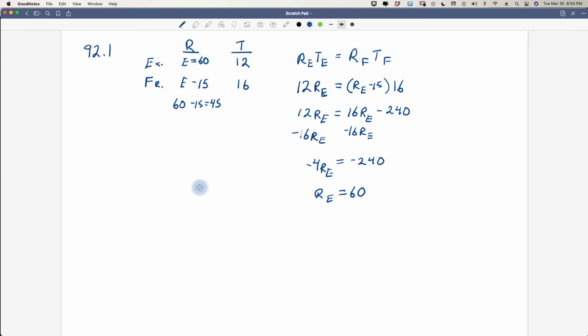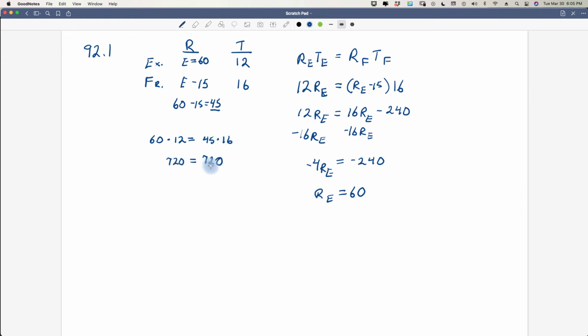Now we can figure out the distance. So let's drop our rates and our times in. So the rate of the express was 60 times the time of the express, which was 12. The rate of the freight train was 45, and the time of the freight train was 16. 60 times 12 is 720. 45 times 16 is 720.